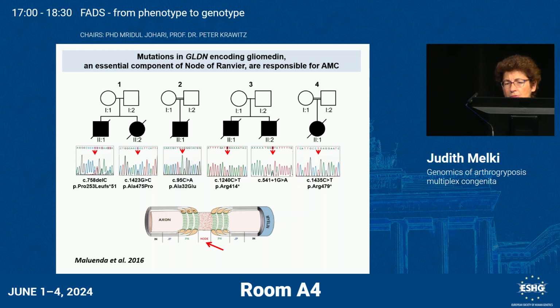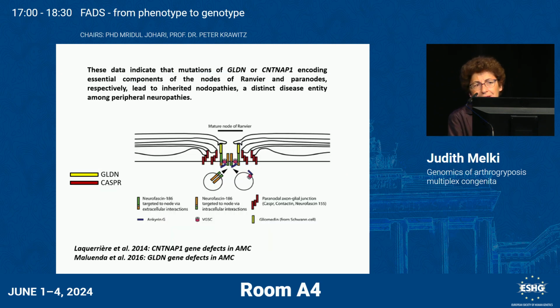So about the new genes that we identified, I would like to mention GLDN, which encodes gliomedin, an essential component of the node of Ranvier, which is located here. We identified pathogenic mutations in 4 unrelated families. Interestingly, we identified before CNTNAP1, which encodes CASPR, also a component of the node of Ranvier.